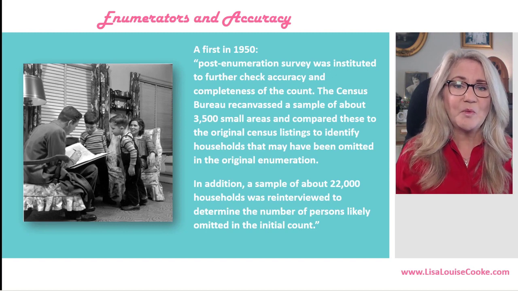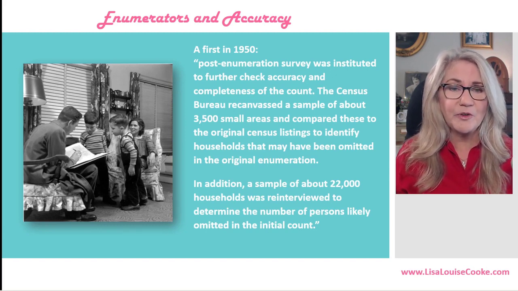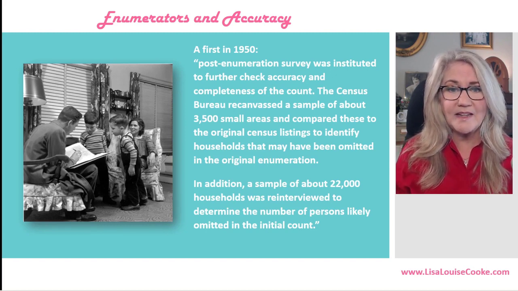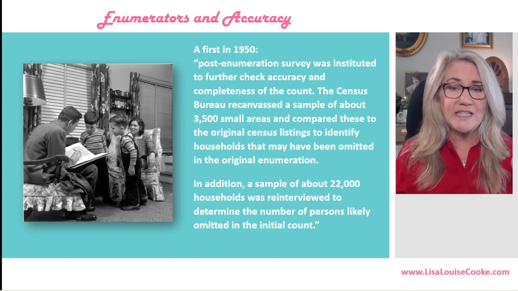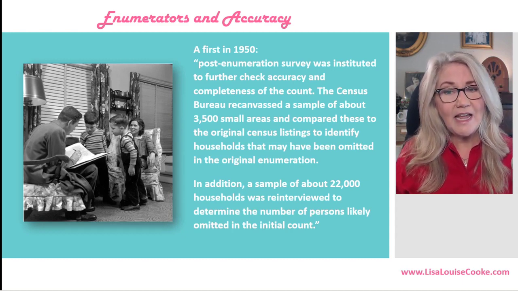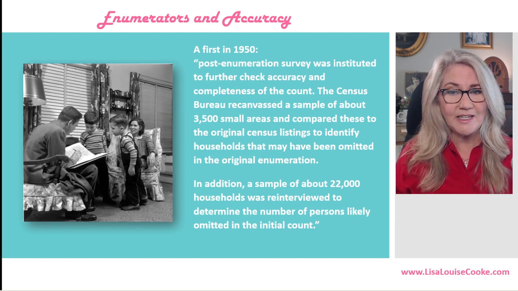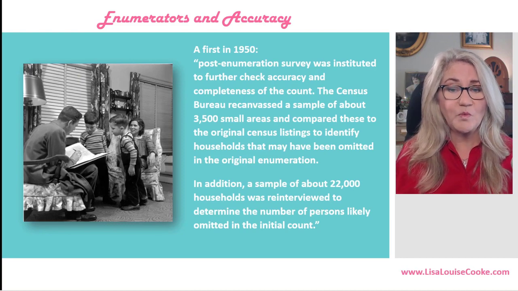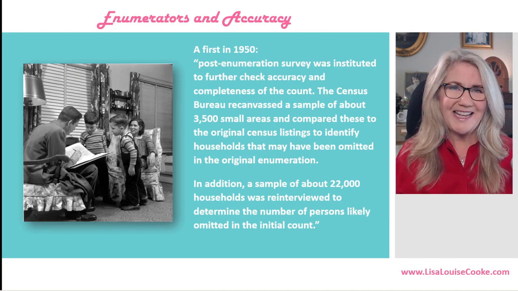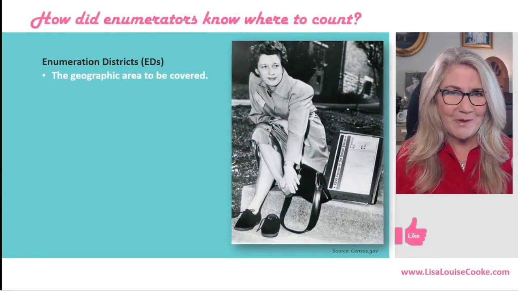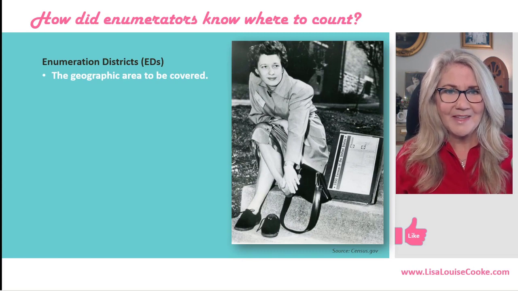The Census Bureau recanvassed a sample of about 3,500 small areas, and they compared them to the original census listings to identify households that may have been omitted in the original enumeration. And in fact, a sample of about 22,000 households was re-interviewed. So again, I hope that gives you some more confidence about the data that you're seeing.